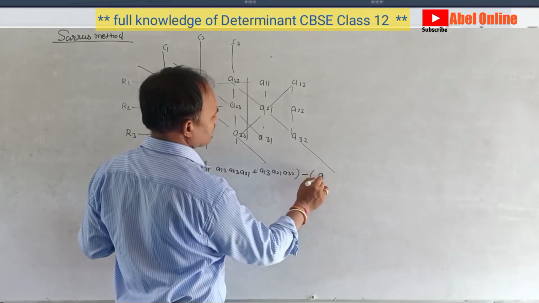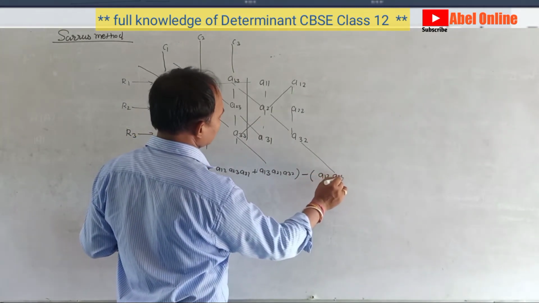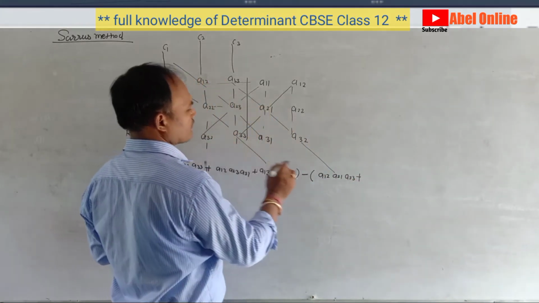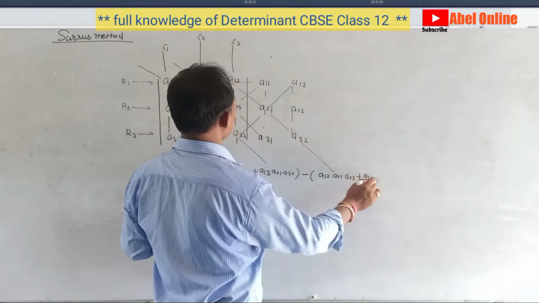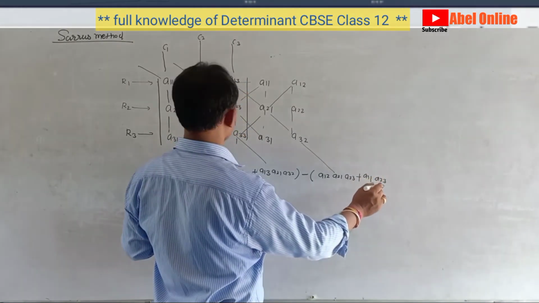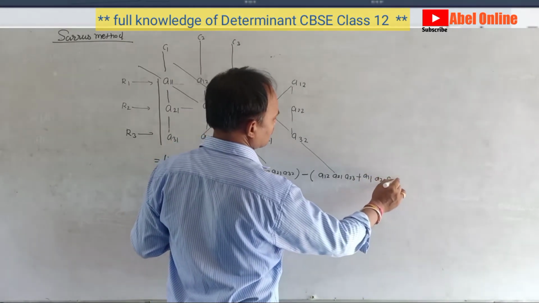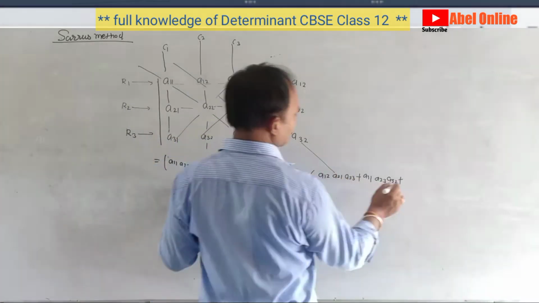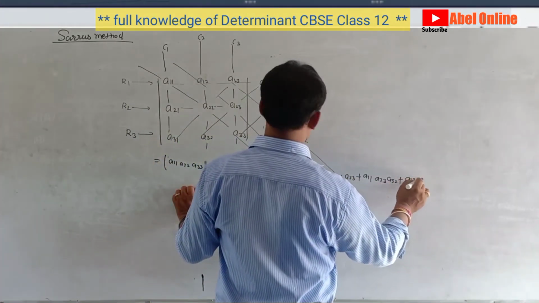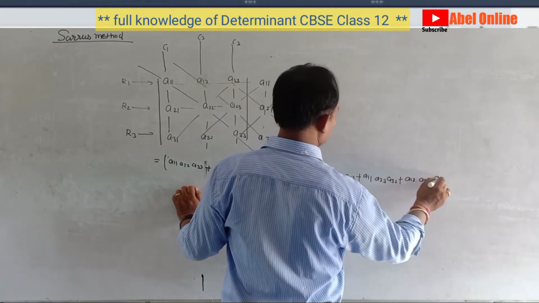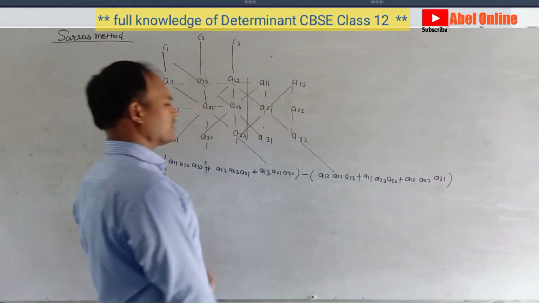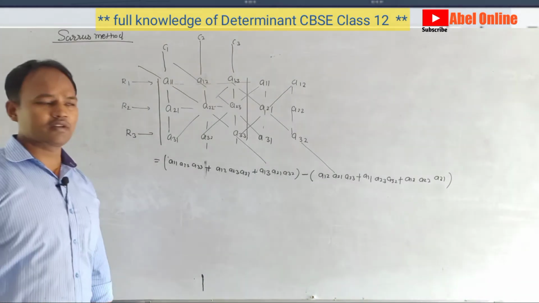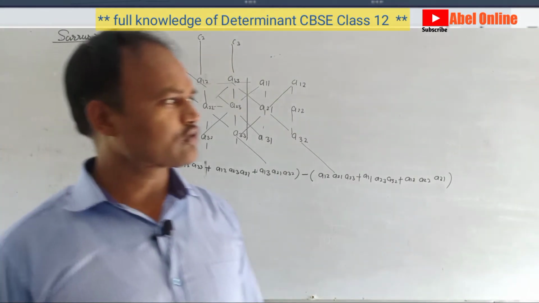So the first element is A12, A21, A33, plus the second one is A11, A23, A32, plus the third one is A13, A22 and A31. So this is the method to solve the determinant the easy way. Mr. Sarrus has given this method, and it is a very simple method.